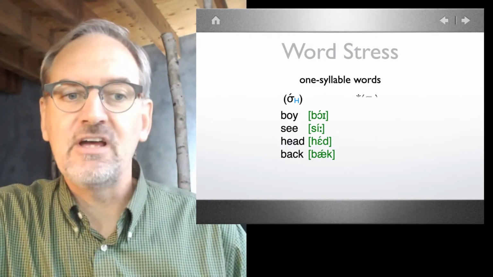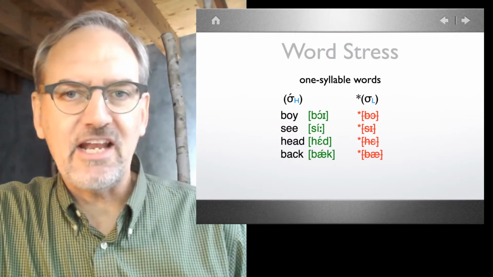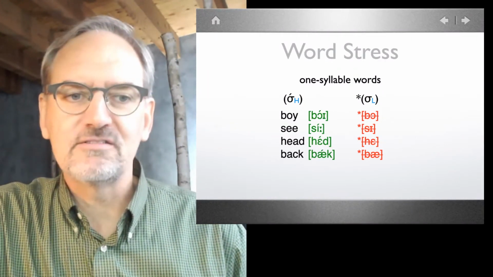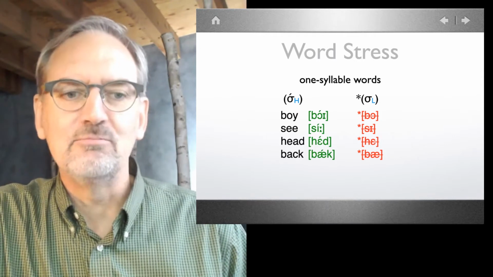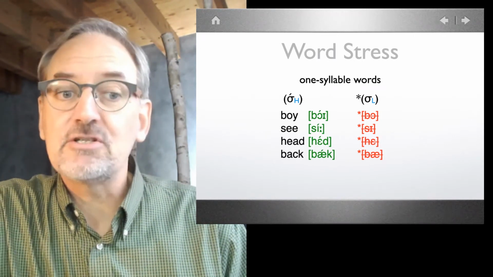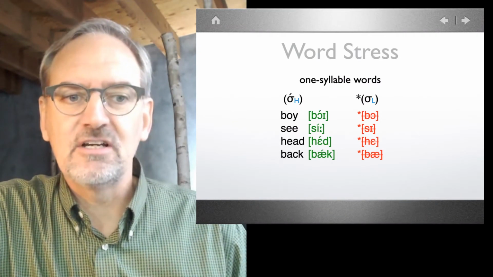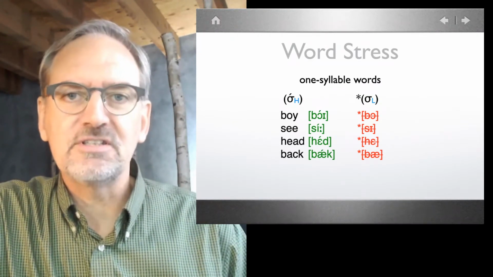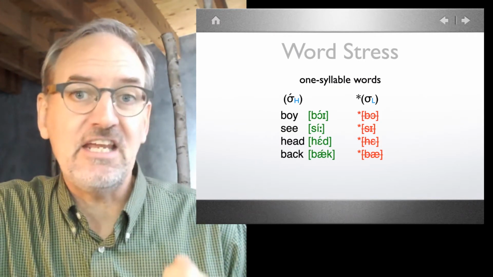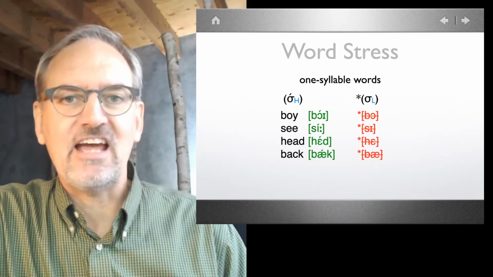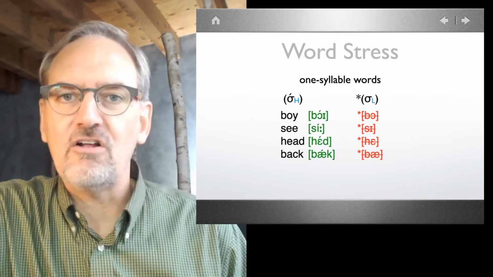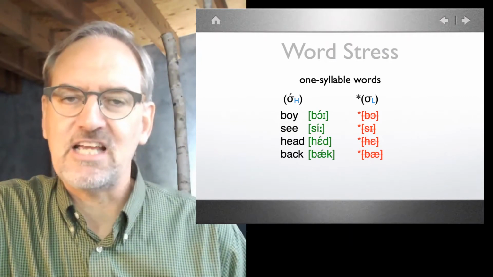Now, if I were to try to create a word out of a light syllable, something like bo, or sit, or het, or bat, these are impossible words in English, because English words must have at least one foot, and each foot must have at least 2 rhyme segments. But these examples all have 1 rhyme segment.